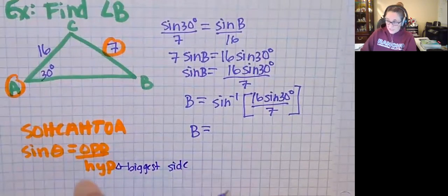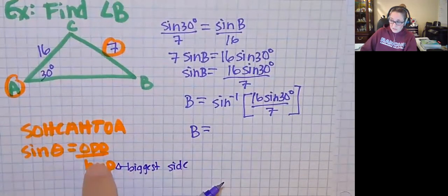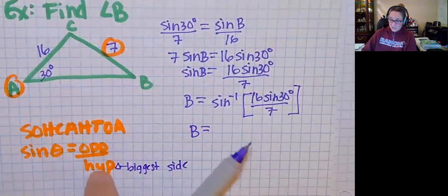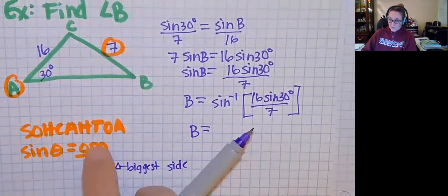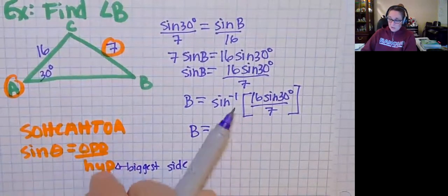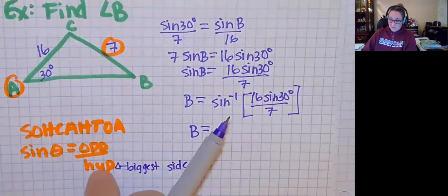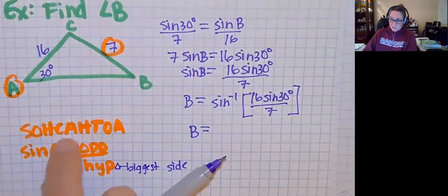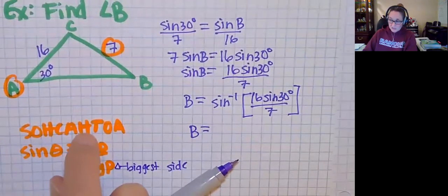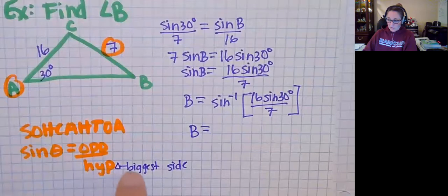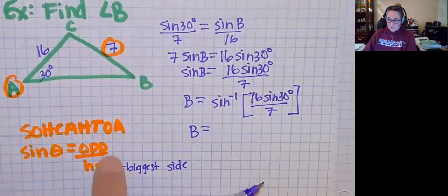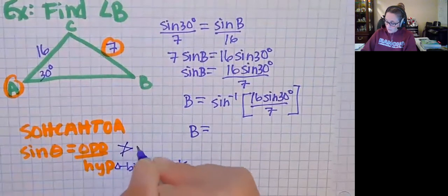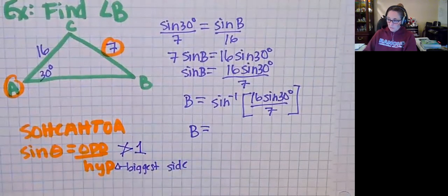So if this is the biggest side, then it's impossible for this to be more than 1 because this number is bigger than this number. So I don't have more than my denominator. I'm not going to have more than 1. Same idea with cosine, because cosine is adjacent over, again, hypotenuse, and the hypotenuse is always the biggest number. So this cannot be more than 1. Never will be more than 1.